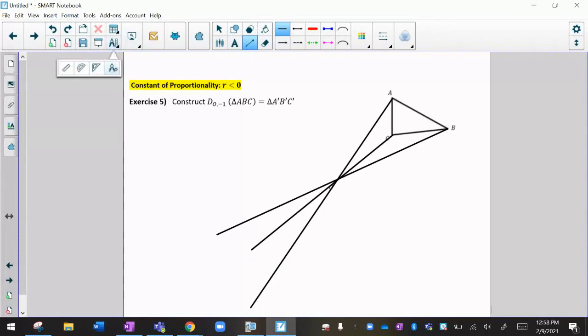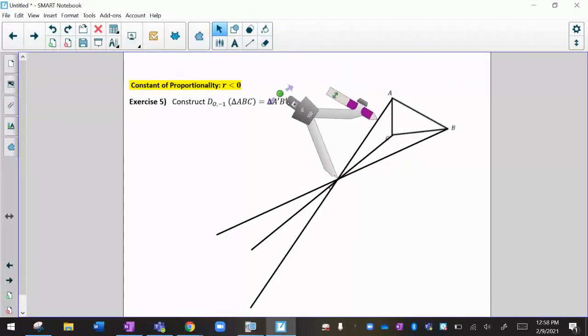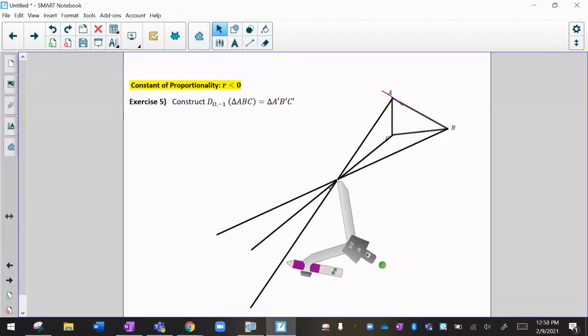Then we're going to grab our compass just like we normally do, and I am going to measure from O to A. That's a dilation of 1. And then if I turn it to the line that extends, that's a dilation of -1.